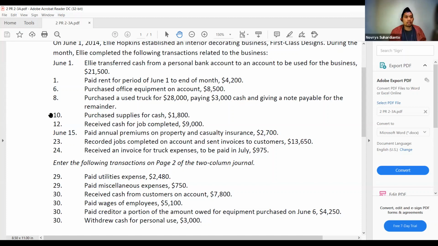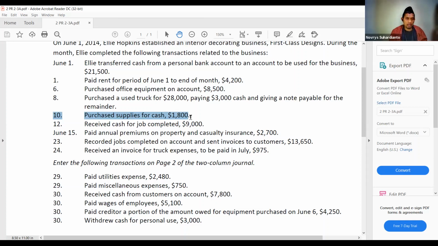For example, the transaction on this date, June 10, the company purchased supplies for cash, 1,800. So once the company purchased, we record an asset, we debit supplies because the supplies increase.